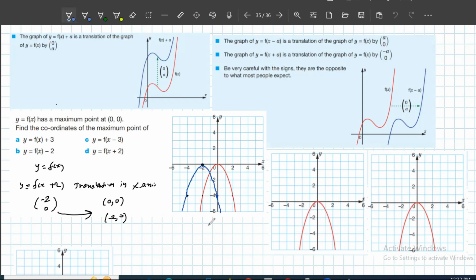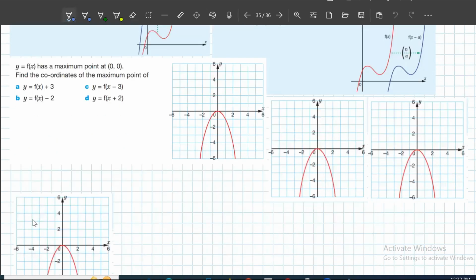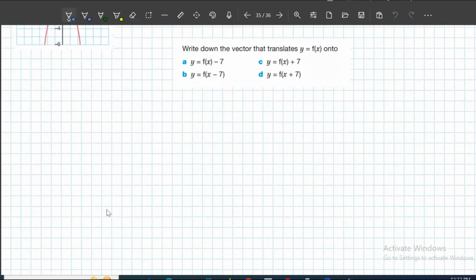We will try to solve a few more questions. Here they want us only to write down the vector that translates y is equal to f of x onto the given functions by applying these translations. So I will write the answers straight away. No need to draw.